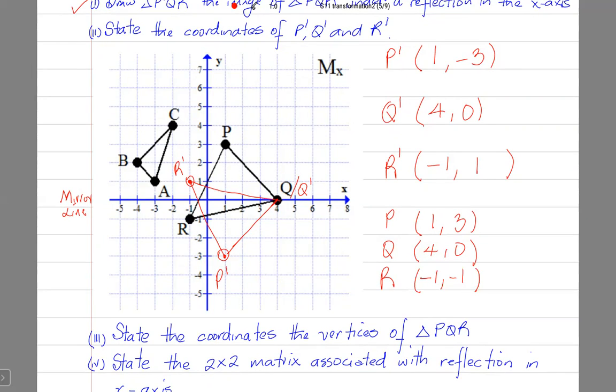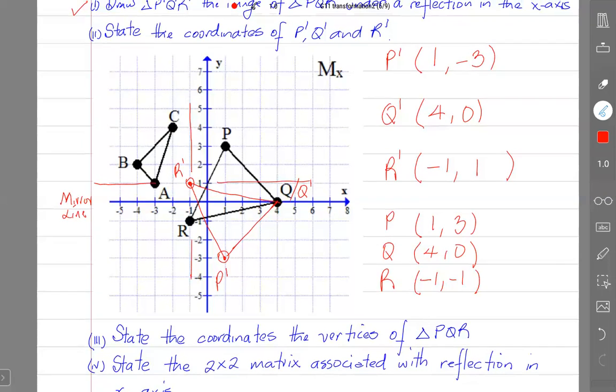Negative 1 horizontal and positive 1 vertical. That's R prime, which is above the x-axis, is -1, +1. This is -1 on x, and +1 on y.